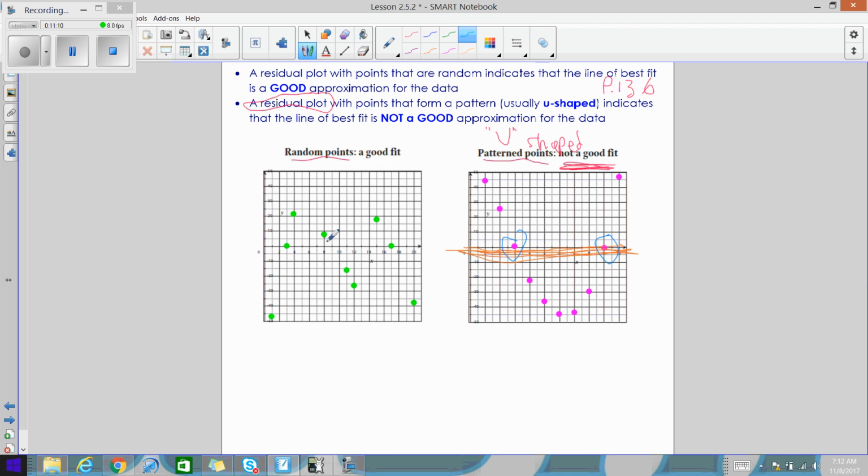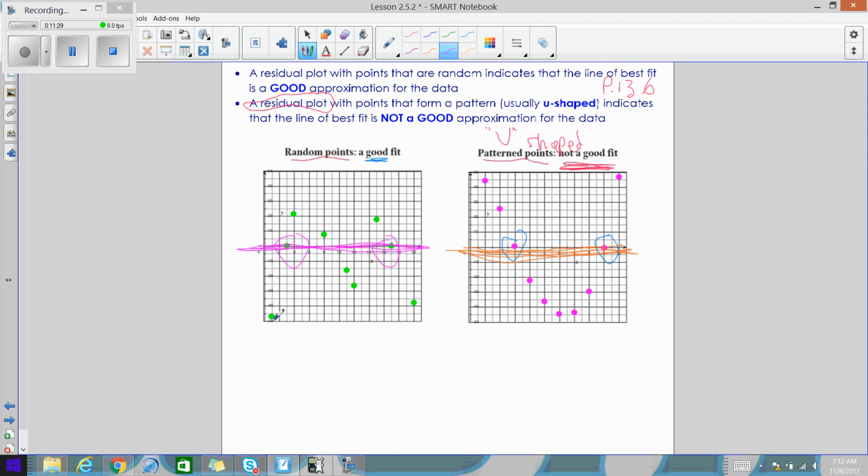Now random is a good fit. Random, that's what we want when we look at our line of best fit, because again, your x-axis is your line of best fit in a residual plot. Yes, another 2 points are really good with it. But if you look, it keeps interchanging.